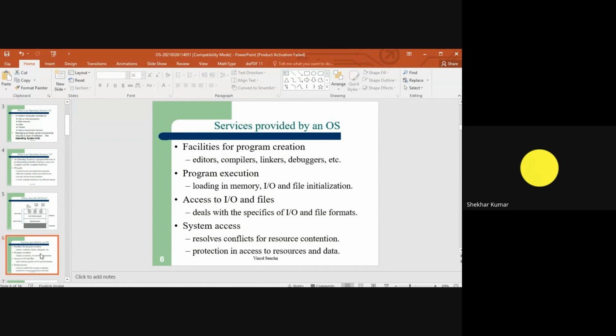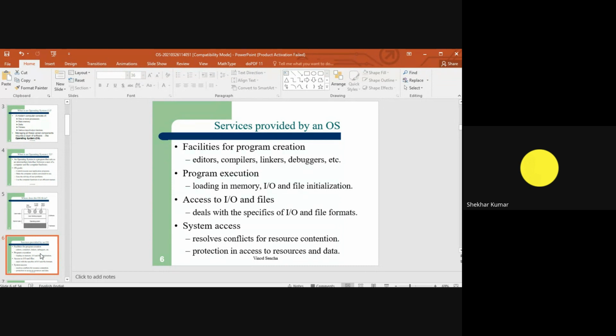So from creating a process, to executing that process, to deleting that process, we require the operating system. Process management helps the operating system to create the process and to execute that process. If there is a requirement of any input output, it also deals with that.